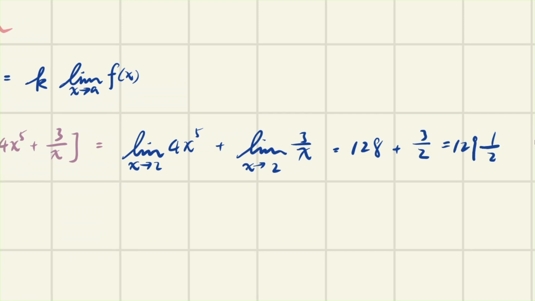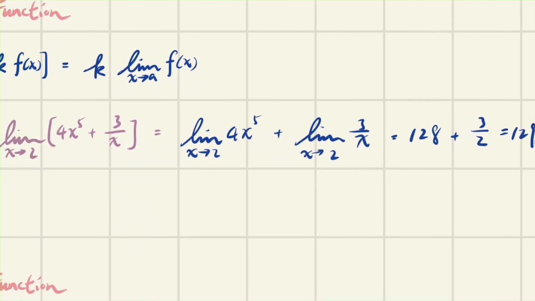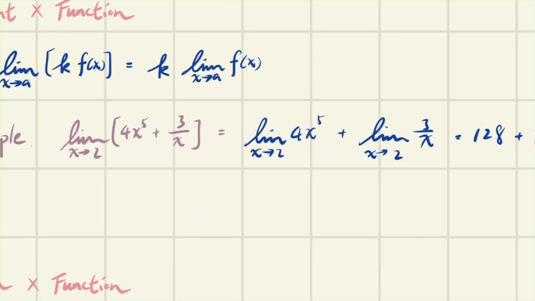Then this gives us 129 and a half. But what if we pull the constant out first? In this part, we can do 4 times the limit as x approaches 2 of x to the power 5, plus 3 times the limit as x approaches 2 of 1 over x.